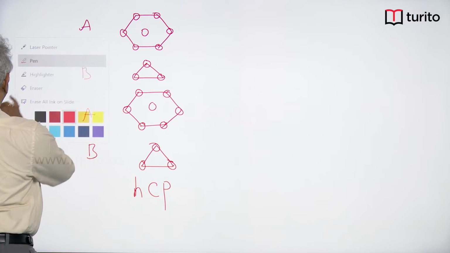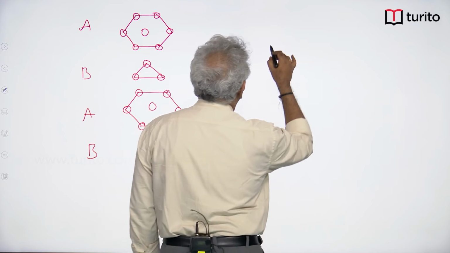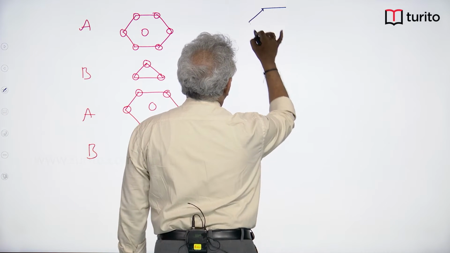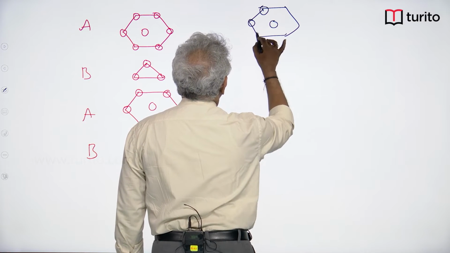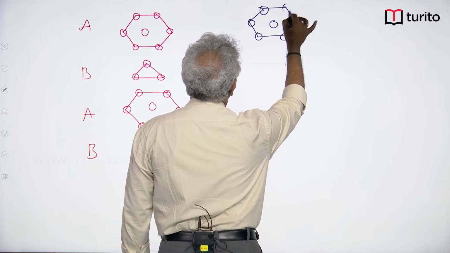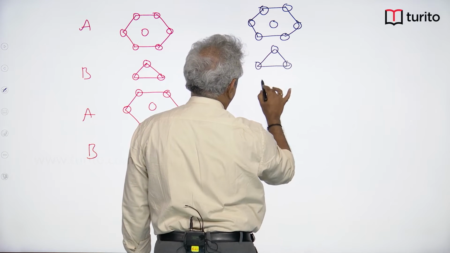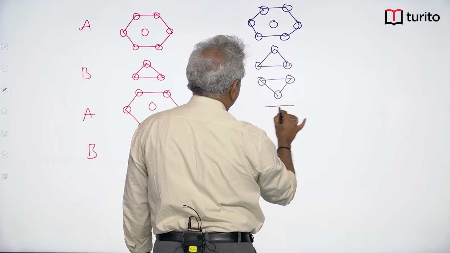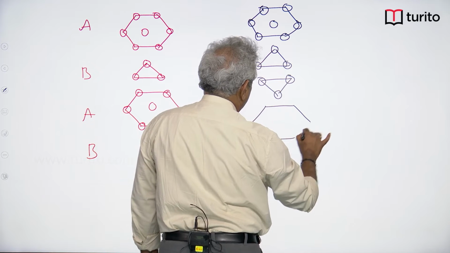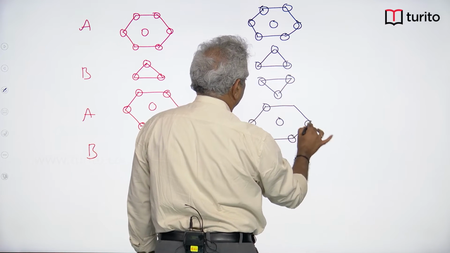And the other method is CCP, it is the ABC model. Suppose you have a hexagon like this, and the arrangement goes with an octahedral void here. The octahedral void is covered by the next layer sphere, and because of the small change these two patterns differ.